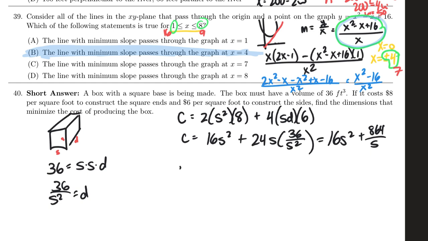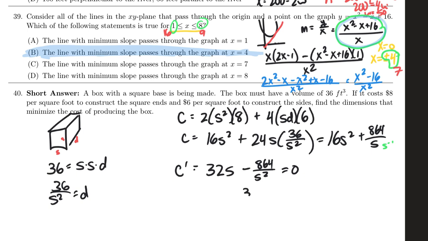I'm going to take the derivative of that. It's going to give me 32s minus 864 over s squared. All right, remember that this is actually s to the -1, and that allows me to get that derivative. All right, if I'm finding max and mins, I want to set this equal to 0.